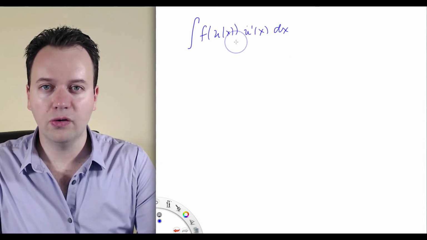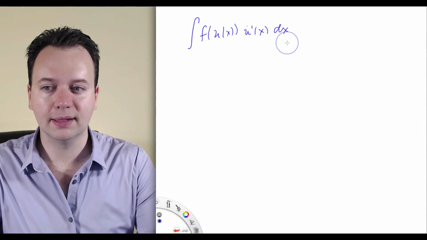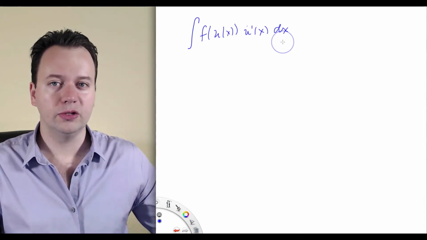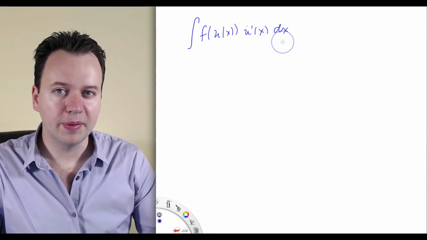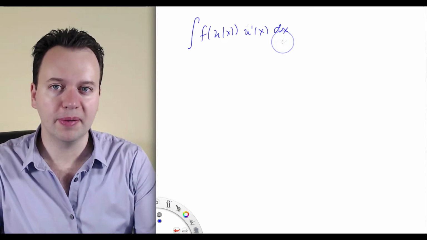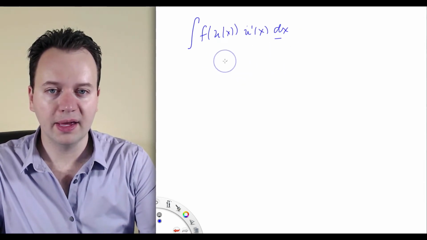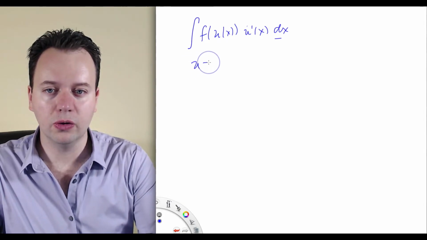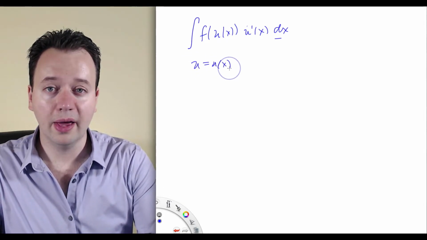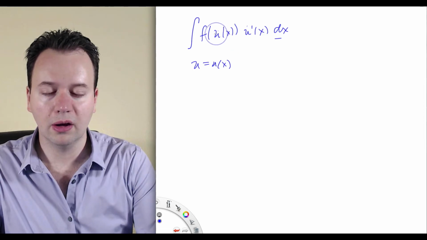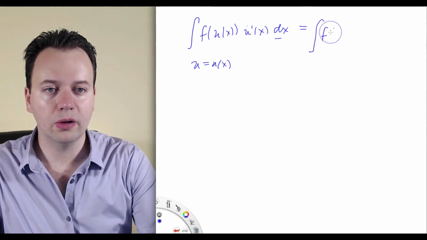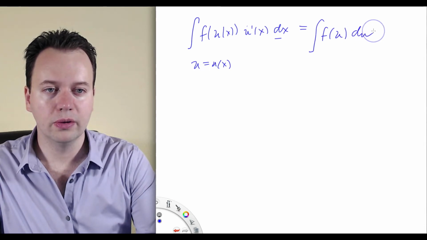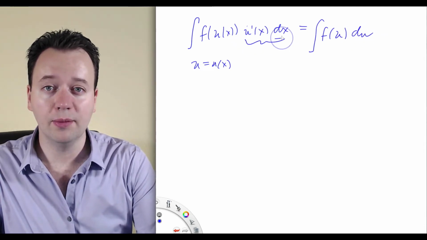And what you do is you substitute variables. Instead of integrating with respect to x, we integrate with respect to u. So we define u is equal to u of x, and we replace the combination u of x where we see it. So this integral becomes the integral of f of u du. So our du is the u prime of x dx.